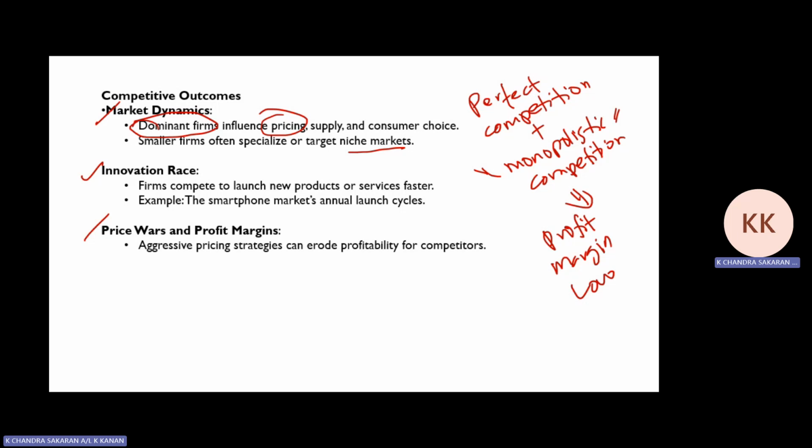They don't want a price war because they know if they go on a price war, they will not get good profit. So they engage in non-price competition. They spend a lot of money on advertising, R&D, and so on, improving the quality of the product to retain their market and make good profit. That is their strategy, because a price war only benefits the consumers, not the firms.